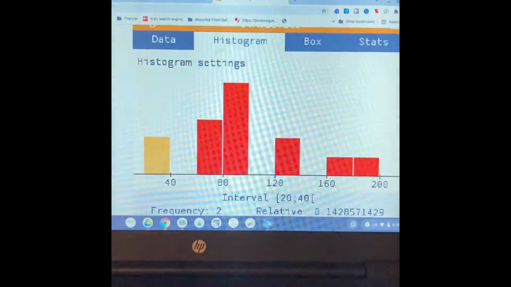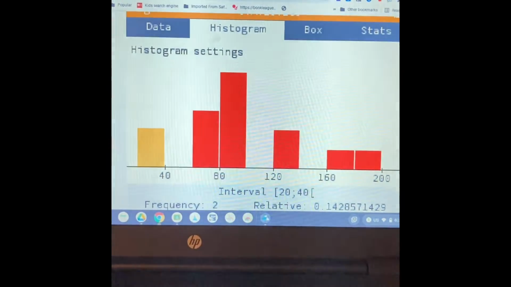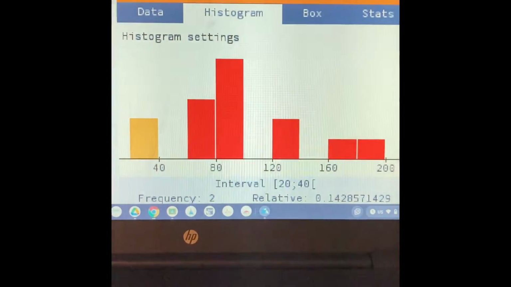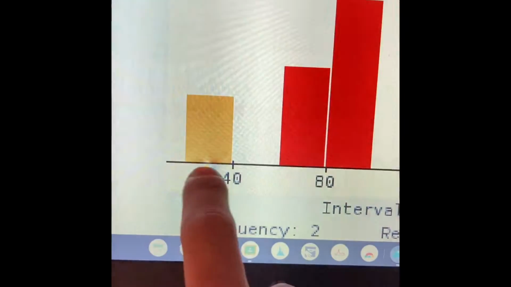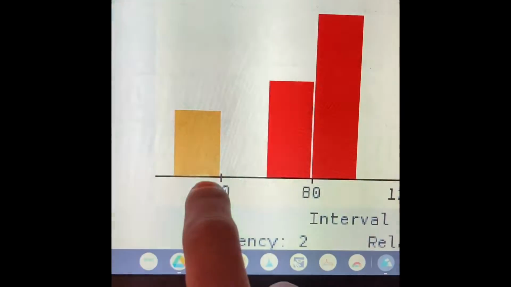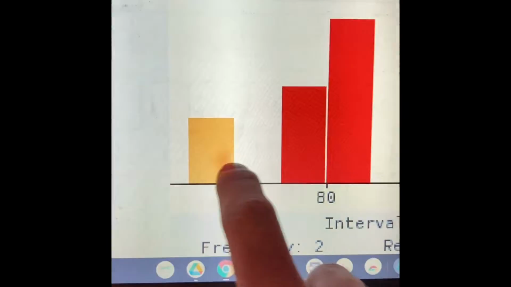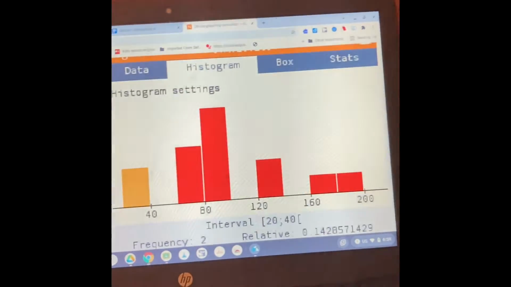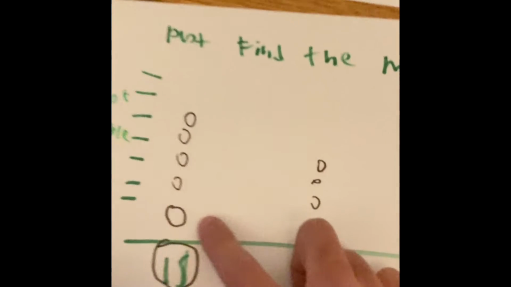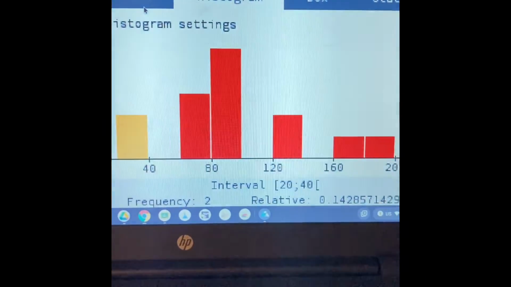With a histogram, this allows you to put things into groups and ranges, because from here to there is a range, but from bottom to top is the frequency, representing how many of the item there are. If we try doing a histogram for the data we have, soda, popcorn, hot dog will not work, but the frequency will, because this is actually data from the 2005 hurricane season.